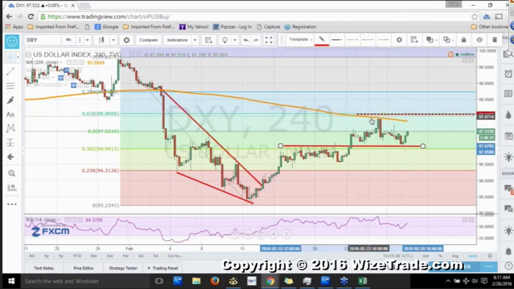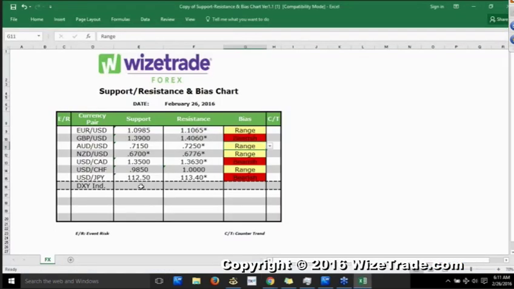It's because it's the 618, not because of the high we have right here, which is 97.90. So I'm going to write 98.05, 97.05, and that's it. 98.05 resistance, and we are range bound.